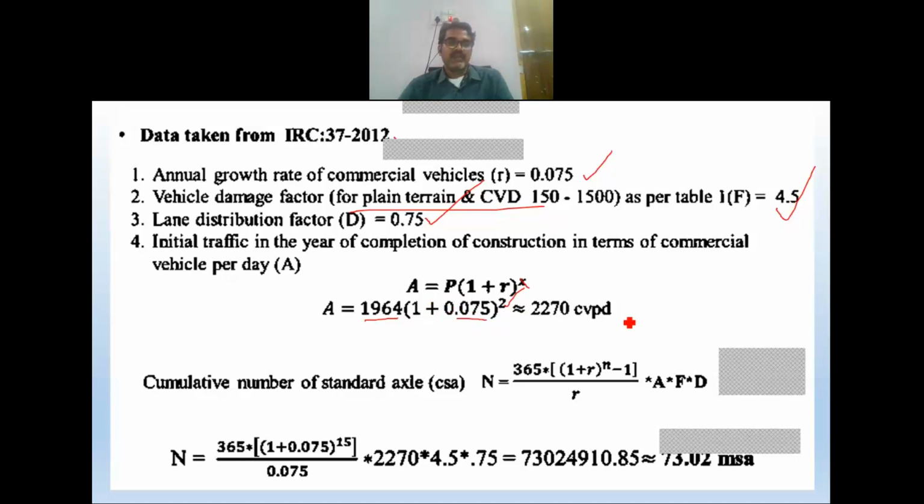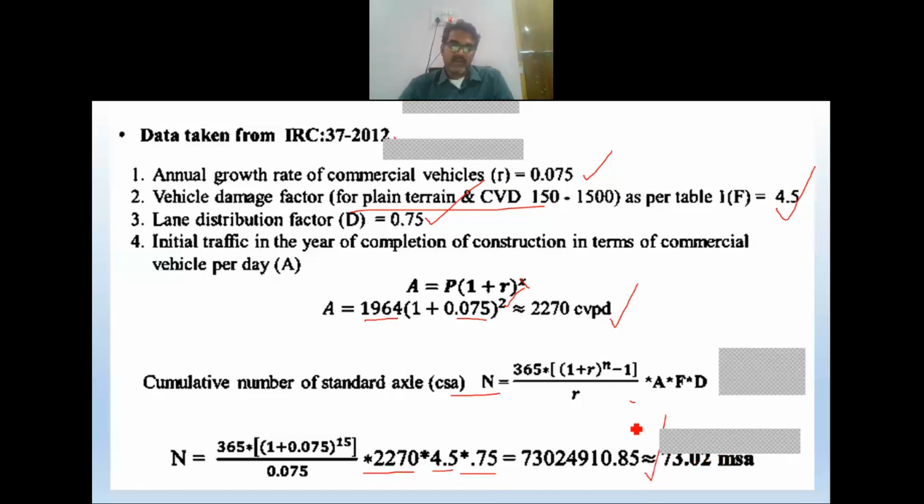Therefore, the initial traffic intensity A, exactly at year 0 of the pavement, is 2,270 commercial vehicles per day. Then the cumulative number of standard axles is 365 into ((1 plus r) power n minus 1) by r, into A into F into D. A is 2270, F is the vehicle damage factor, D is the lane distribution factor 0.75. So it works out to be 73 million standard axles.